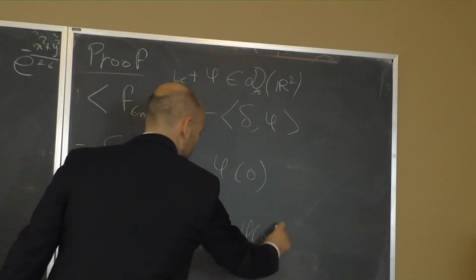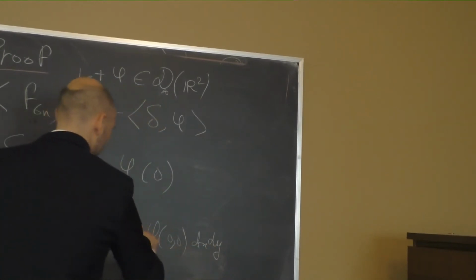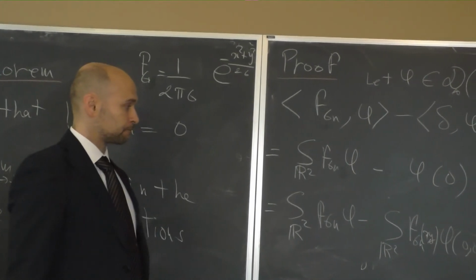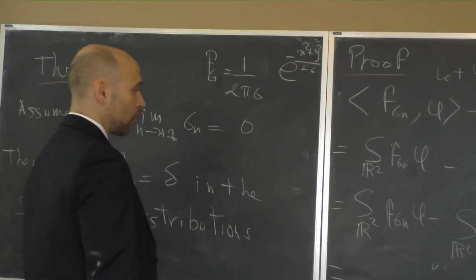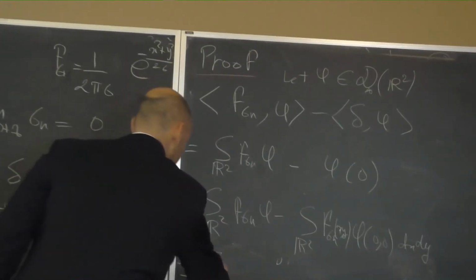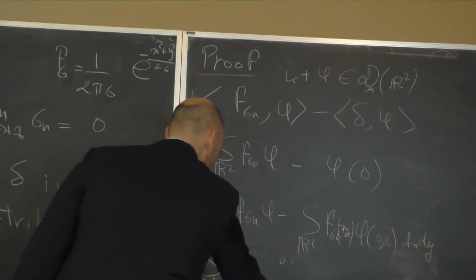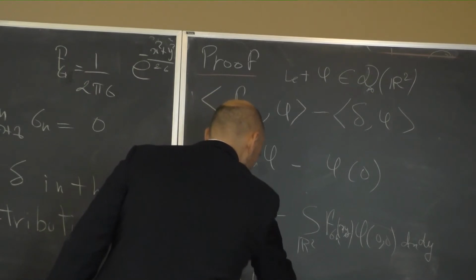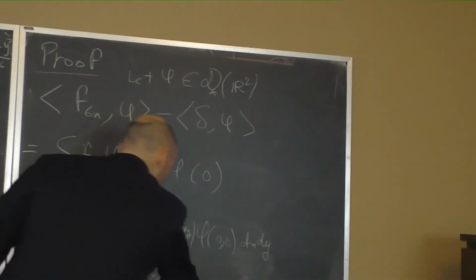So I will write here 0, 0 in R2 just to be clear. I can put my f sigma n in front of the other terms and I get phi of x y minus phi of 0, 0 dx dy.